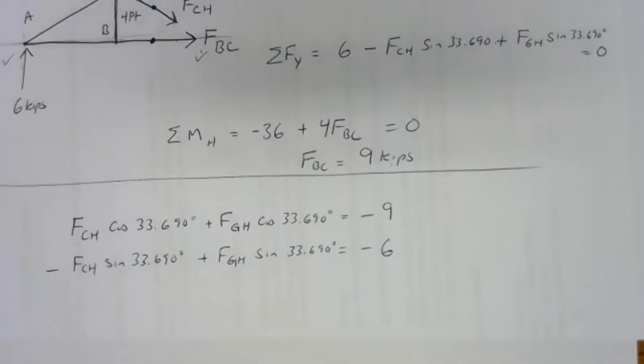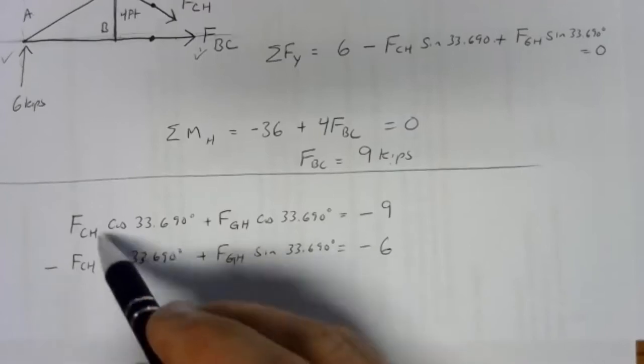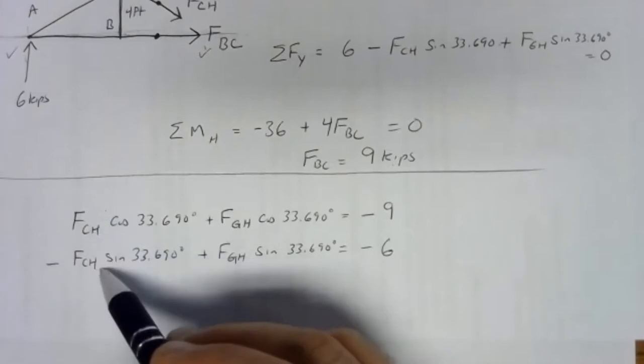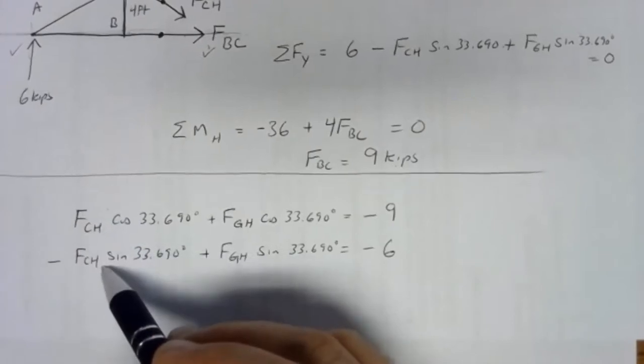If we remember back to solving simultaneous equations, the way we solve them is by finding a built-in sign difference if we can, making the coefficients have the same size, and then adding the equations together. And this one's not too bad compared to others. Here we've got our built-in sign difference on FCH. It's positive in one, negative in the other, so that's our candidate for elimination.